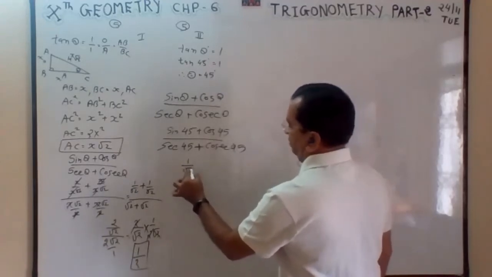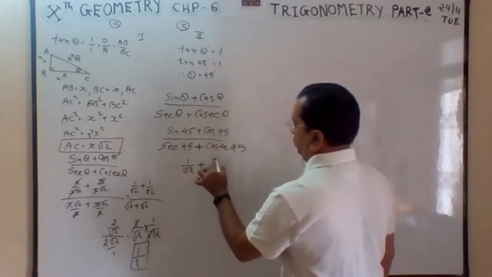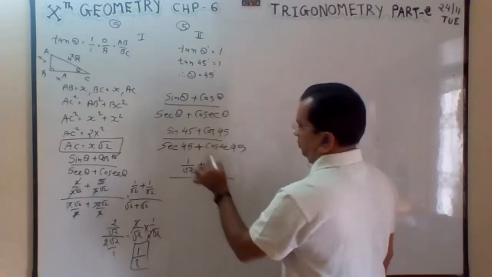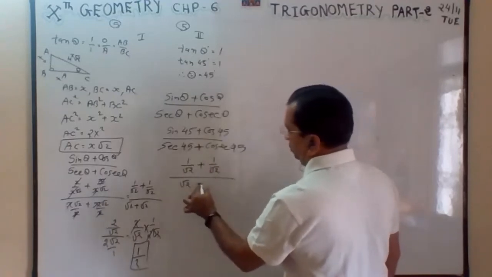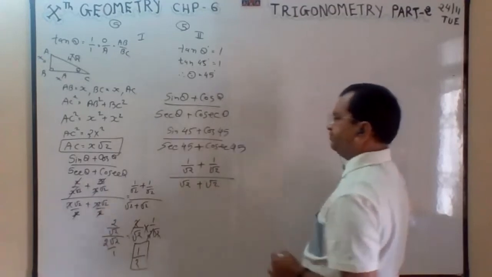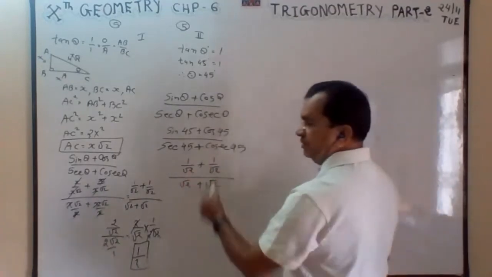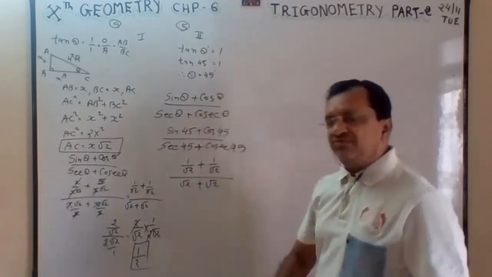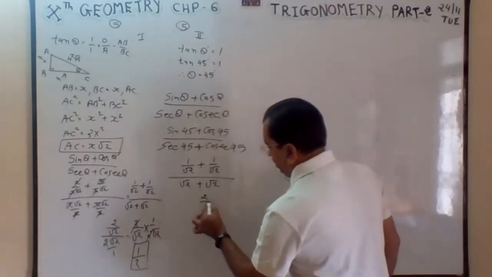Sin 45 from the table you can find is 1 by root 2. Cos 45 is also 1 by root 2. Sec 45 you will get only root 2. Cosec 45 you will get only root 2. So this is 1 by root 2 plus 1 by root 2, 2 times 1 by root 2. So 2 by root 2.